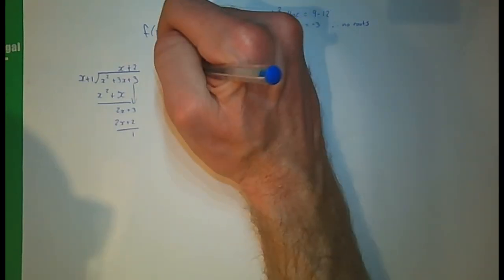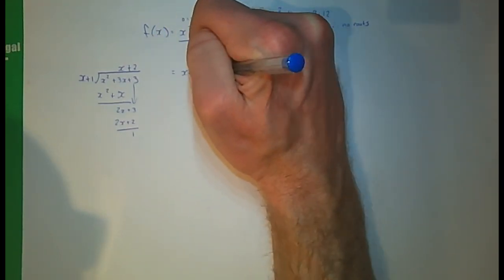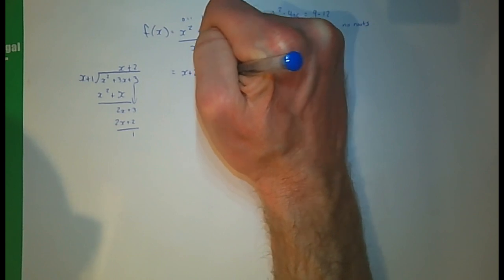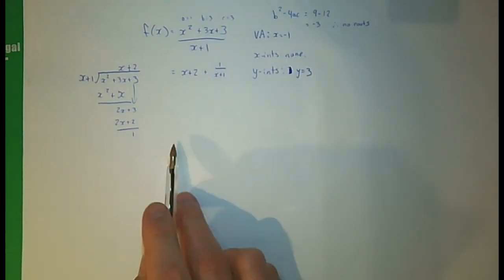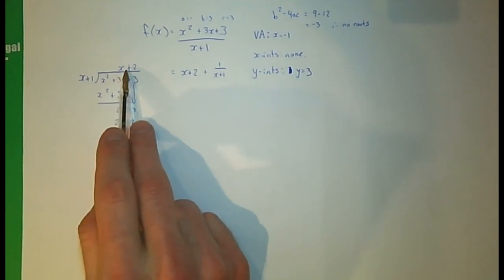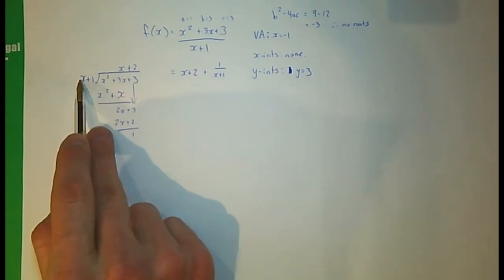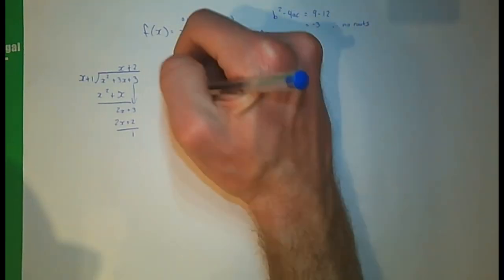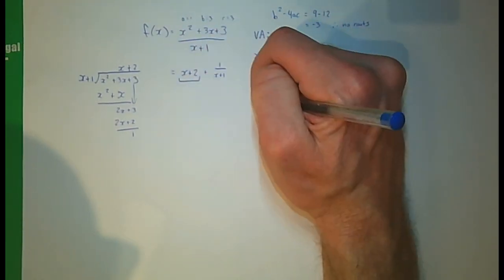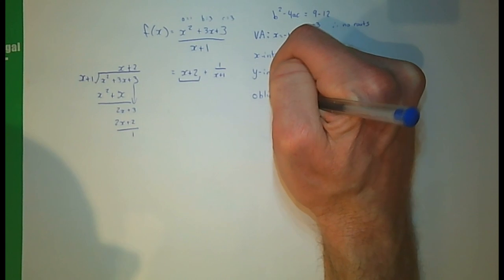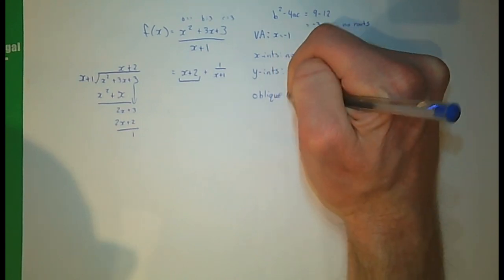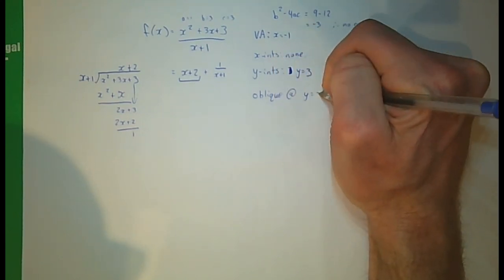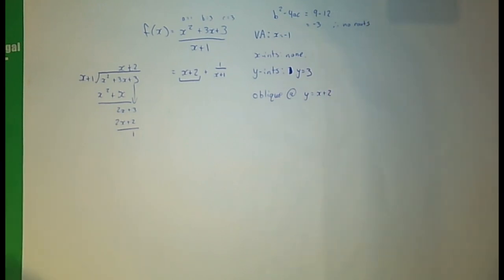And so our f of x becomes x plus 2 plus 1 over x plus 1. Right, that's how we write that statement. It becomes this quotient plus the remainder over the original divisor. Okay, so what this tells us is this is the equation of the oblique asymptote. We have an oblique asymptote at y is equal to x plus 2. Okay, cool.